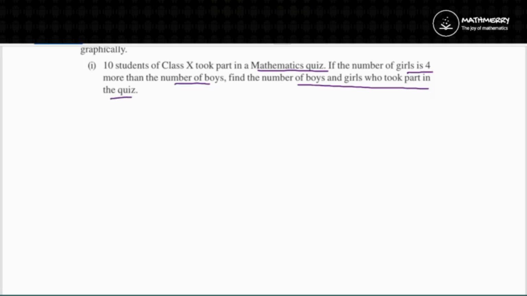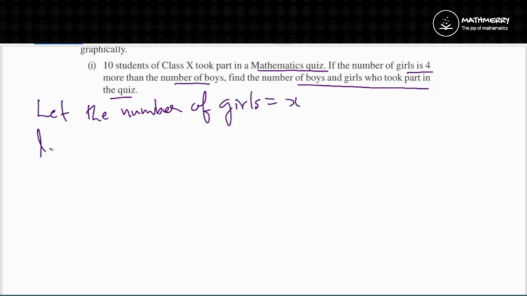Okay. So here we don't know the number of girls and we don't know the number of boys, so we can take them as our variables. Let the number of girls be x and let the number of boys be y.